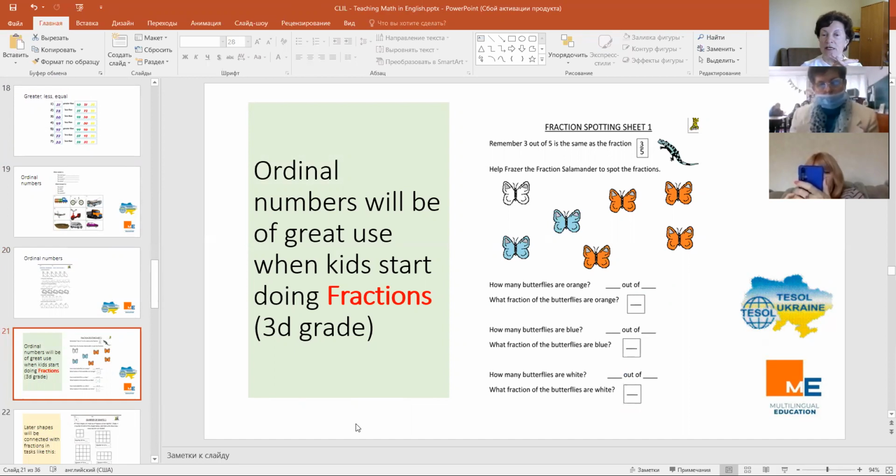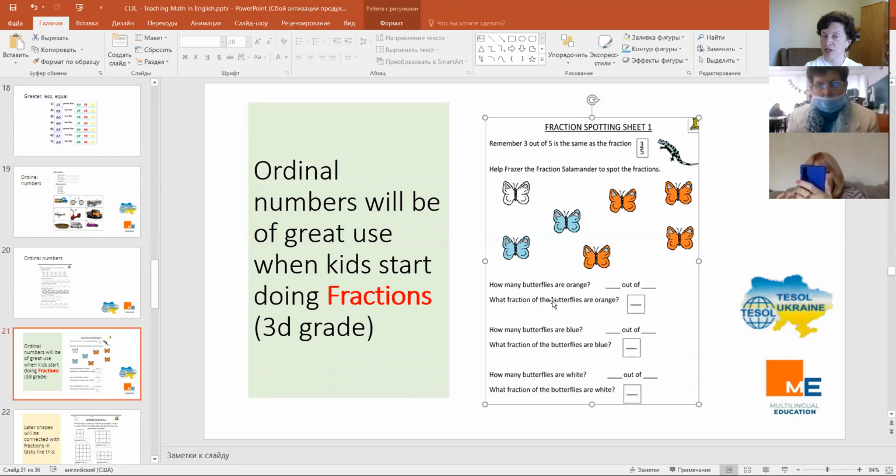British and American education pay great attention to fractions, and they start learning fractions from the 3rd grade, imagine. According to our Ukrainian program, fractions are studied at the very end of the 3rd grade, and they are only mentioned.